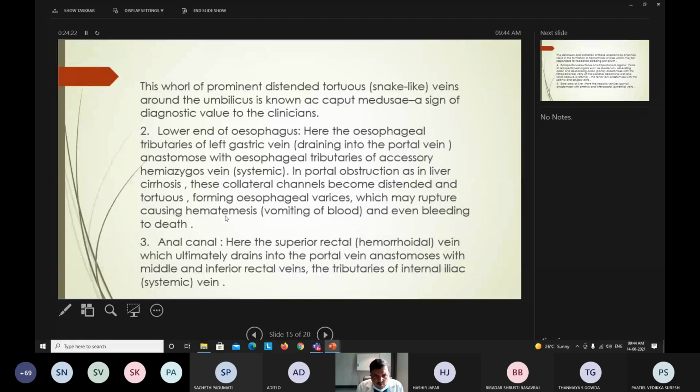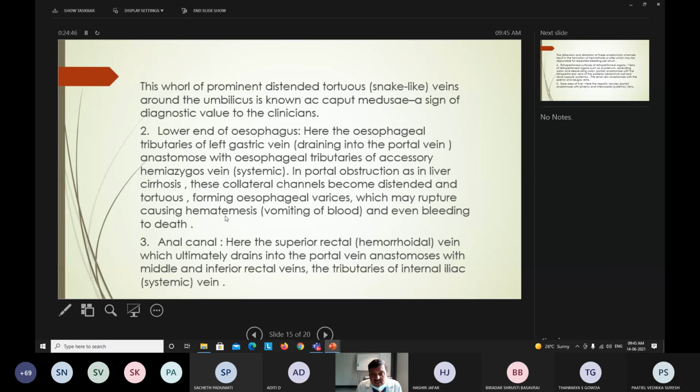This whorl of prominent, distended, tortuous, snake-like veins around the umbilicus is known as caput medusae. These veins become dilated in portal obstruction, and they radiate from the umbilicus like the rays of a rising sun.